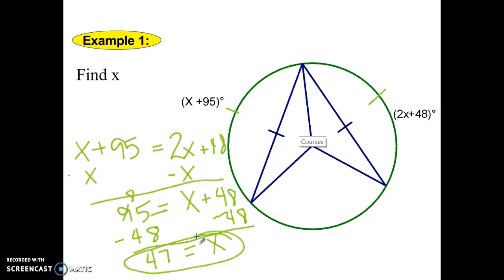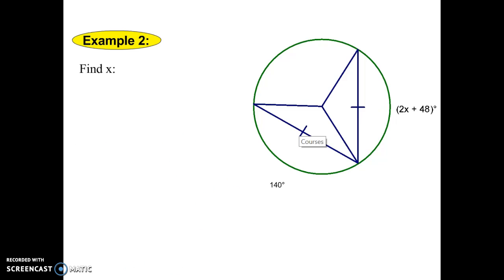All right. We have our second example here. Go ahead and try this one. All right, let's look at this one. Since we do have congruent chords, that means the arcs are congruent. So 2x plus 48 is 140.